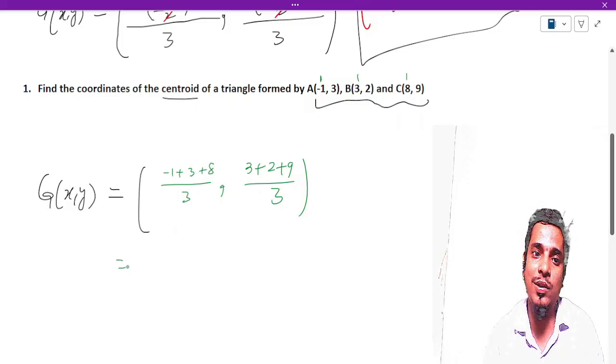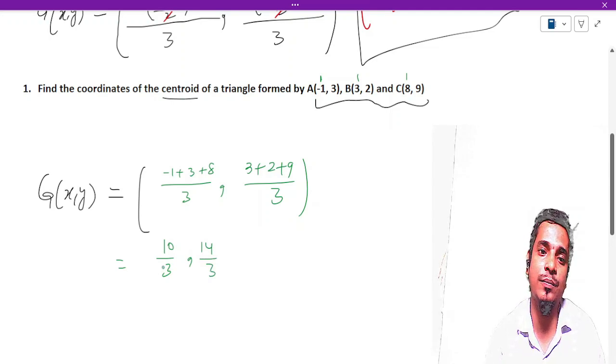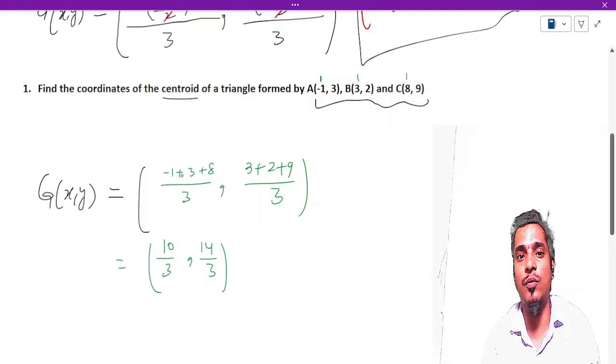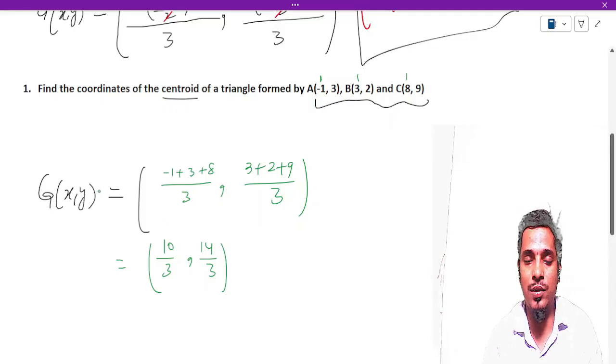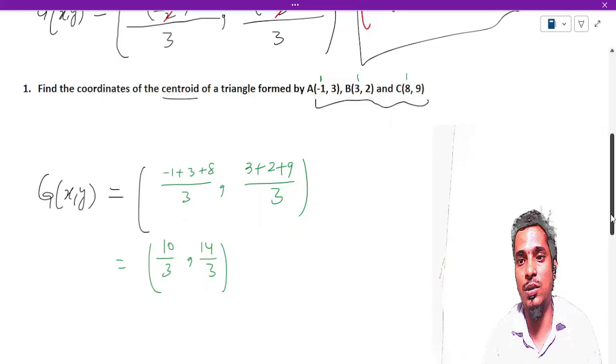So over here, once we simplify, 8 plus 3, 11 minus 1 is 10 by 3. And over here, if we are solving this, we'll get 11 plus 3 is 14 by 3. So this is the coordinate of the centroid of a triangle. So 10 by 3 and 14 by 3.